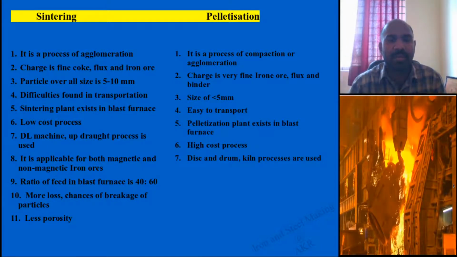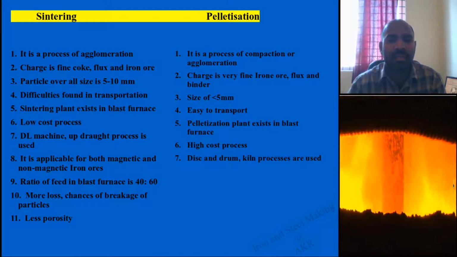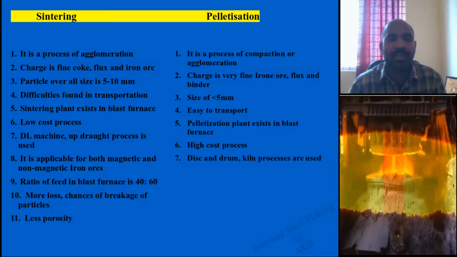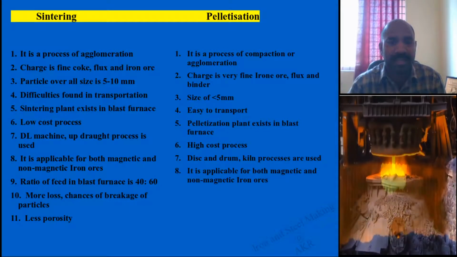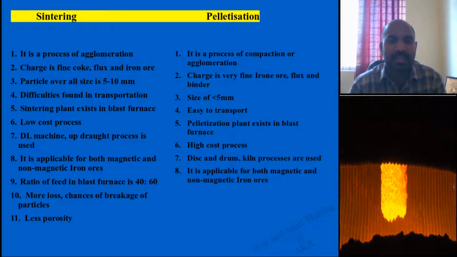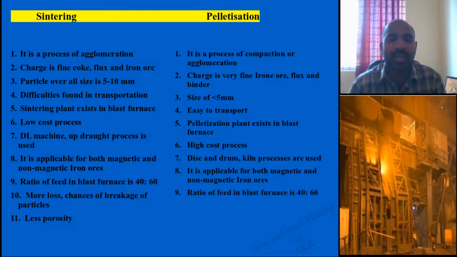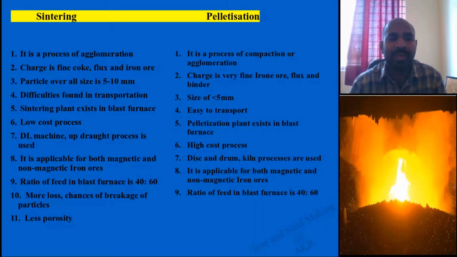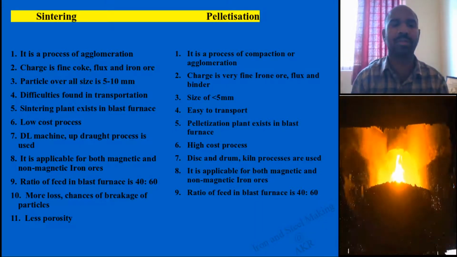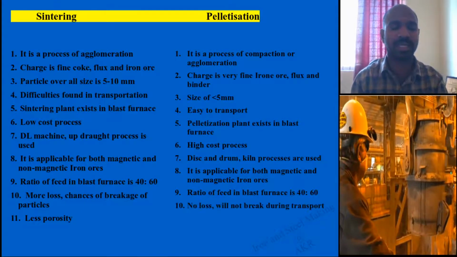You will be using disc and drum pelletizer processes for the green pellets, and the kiln process for making hardened pellets. It can also be used for both magnetic and non-magnetic iron ore. The feed ratio is 40% pellets and 60% lump iron ore in blast furnace pig iron production and sponge iron production.